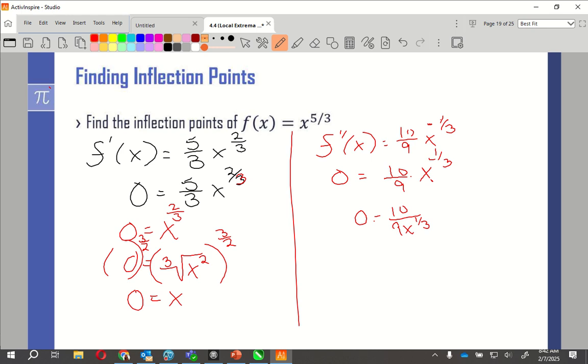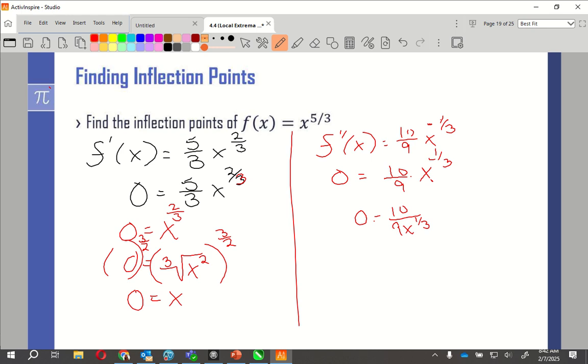So what is it going to give me at 0 now? 0 is now undefined. Okay, since 0 is going to be undefined, I only have 0 as a critical point and 0 as undefined.